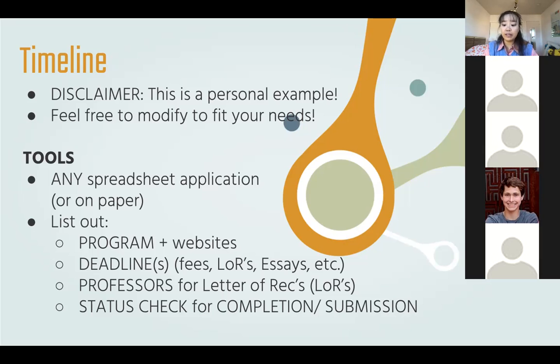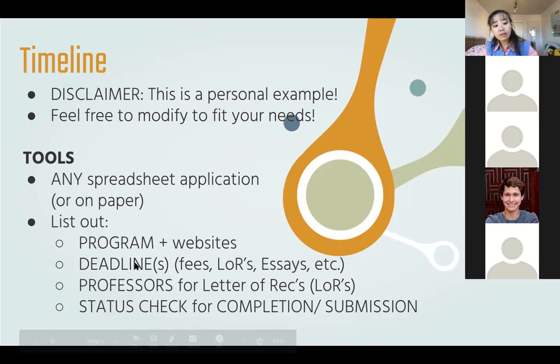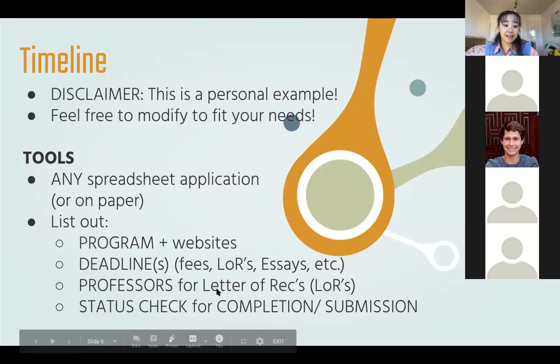So you have to always be on time with everything, be prompt, and it's a good idea to always do things even earlier, like 1 week in advance from those deadlines. You also have to have deadlines for your letter of recommendations, your essays, and your submissions. And then your professors for your letters of rec. I'll go into depth for that later on, and the status check for if you completed or if you've already submitted your applications.